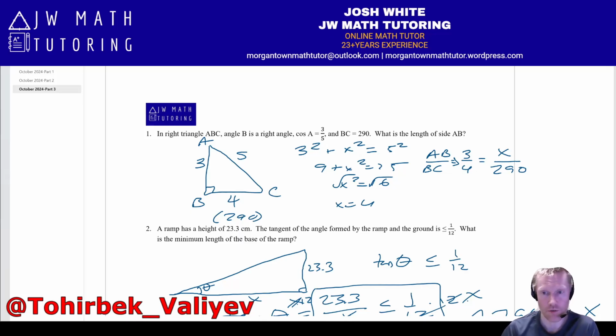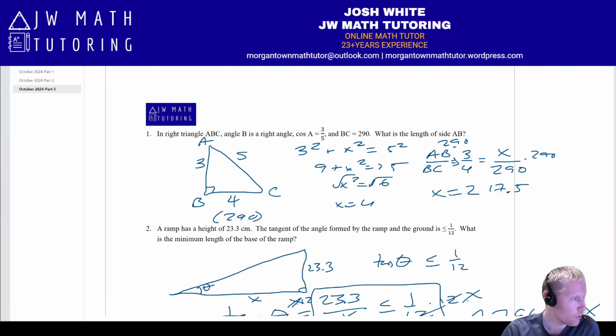So now you just solve this. You can multiply by 290 on both sides, or you can cross multiply. You just end up doing 290 times 3 divided by 4, and you get the same answer, 217.5. So this is probably a simpler, quicker, easier way to think about the problem, rather than some of the methods I went through in the original video.